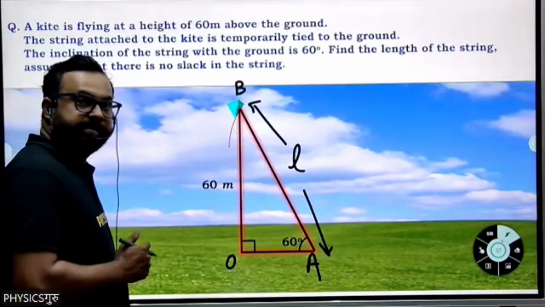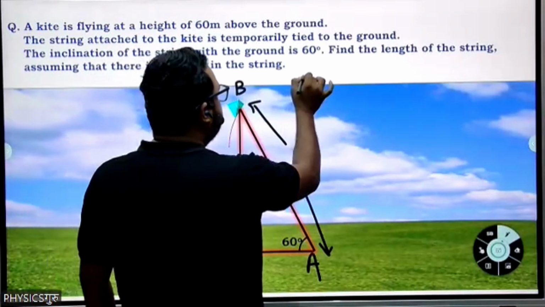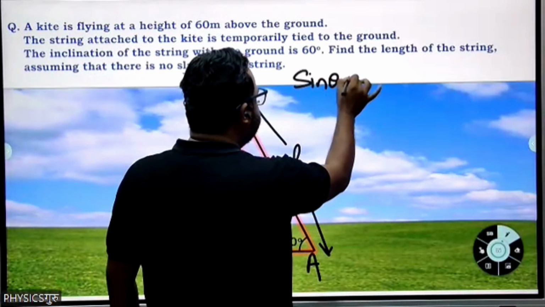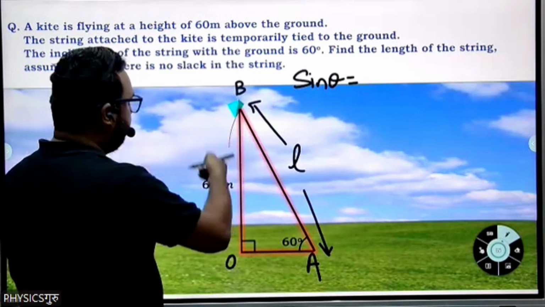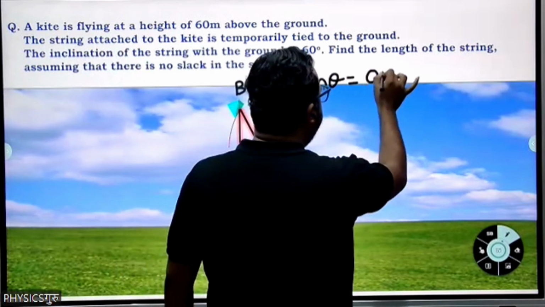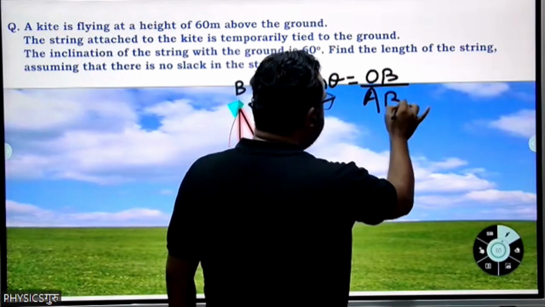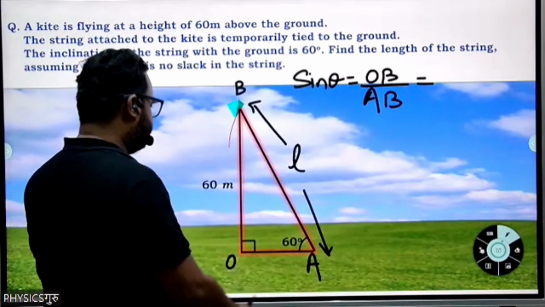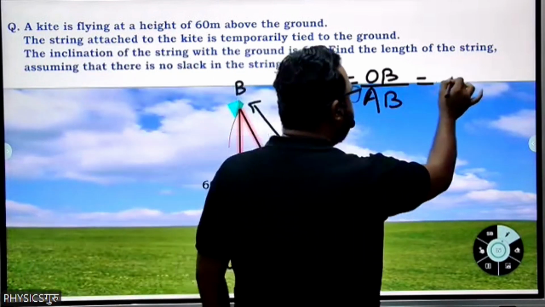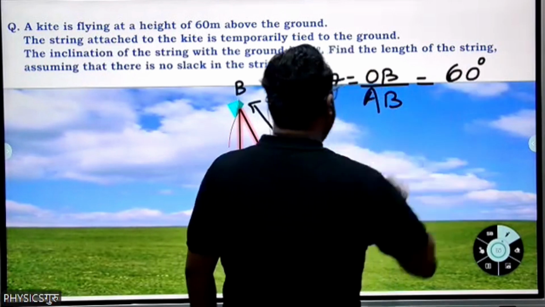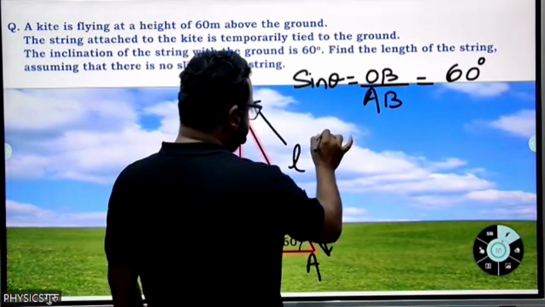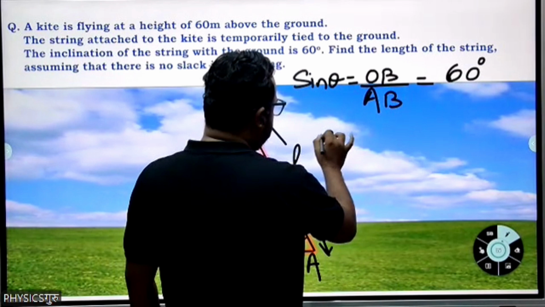Now use the formula sine theta. So sine theta is basically OB over AB. What is OB? That is 60. And what is the value of sine theta? That is sine 60.